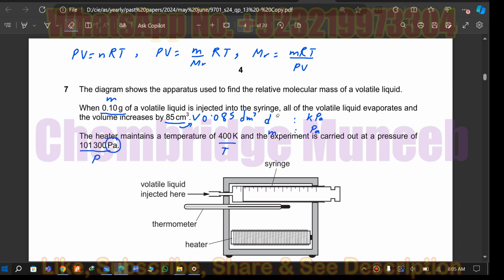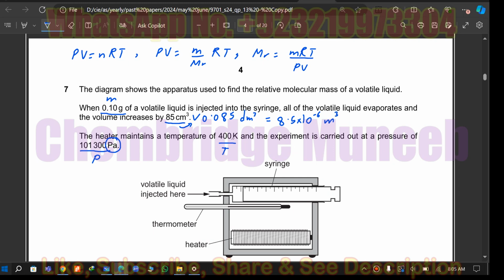And to convert this unit into meter cube, I will have to divide by another 1000. So I will get 8.5 into 10 raised to power minus 6 meter cube.